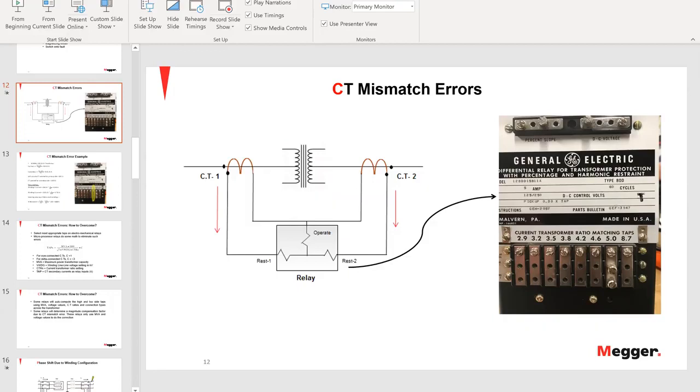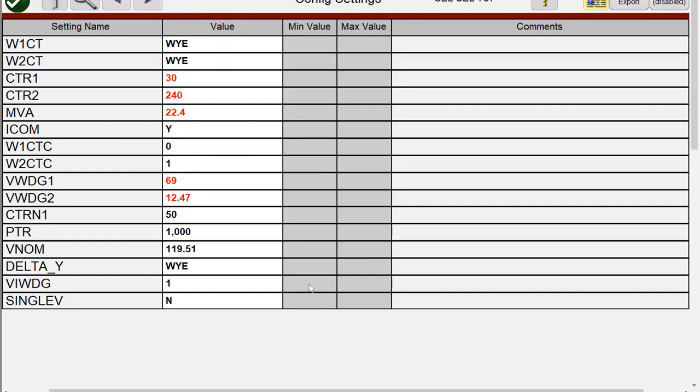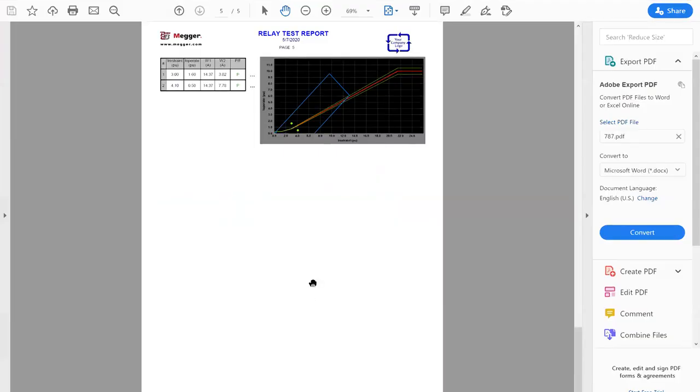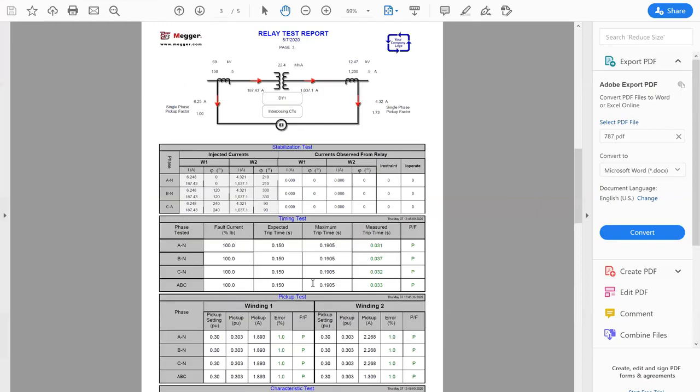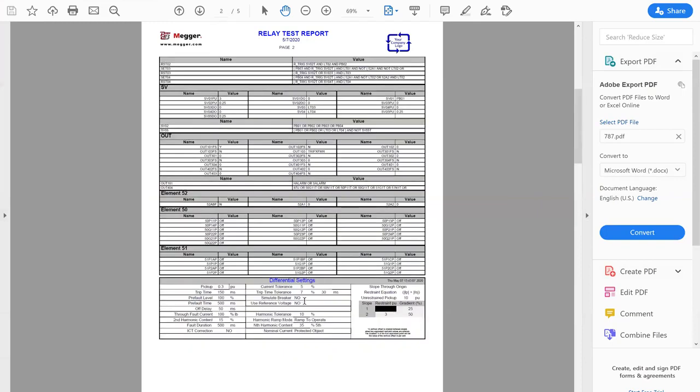And of course, we have ramp screens where we can provide directional with one current source, and use the other sources for the operate quantity. So it will depend on how you're doing it.